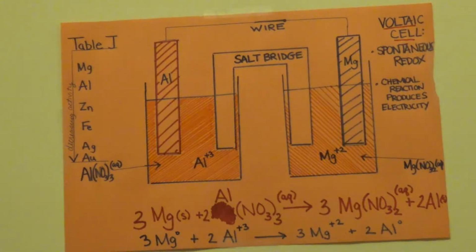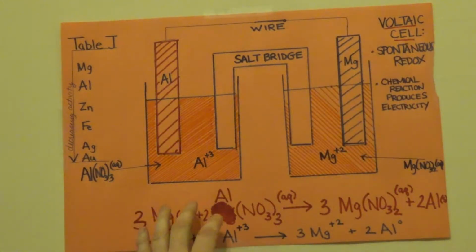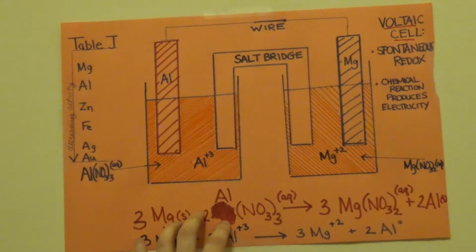A voltaic cell is a redox reaction. Down here, I have two forms of the redox reaction. I'm having free magnesium metal reacting with combined aluminum in a spontaneous fashion, meaning that eventually, it could be fast, it could be very slow, but this reaction will happen.